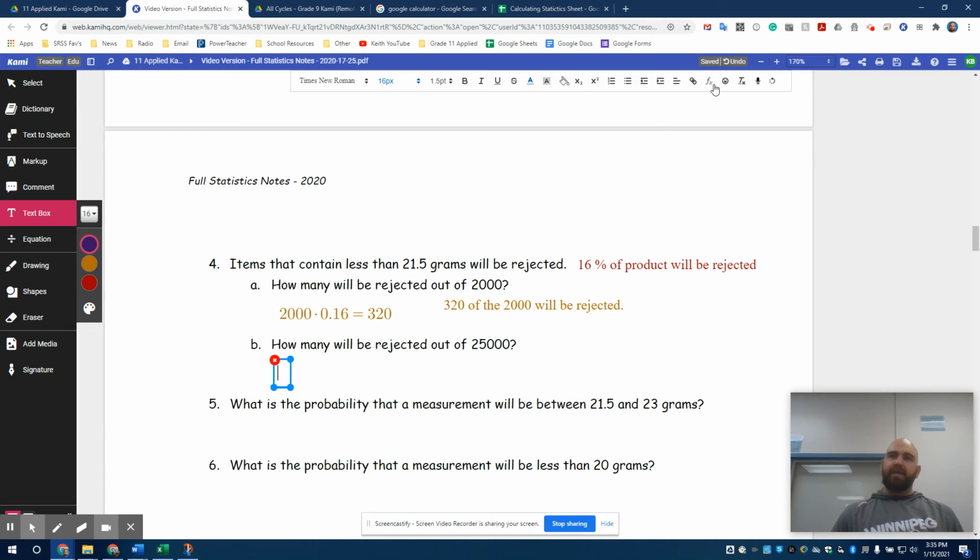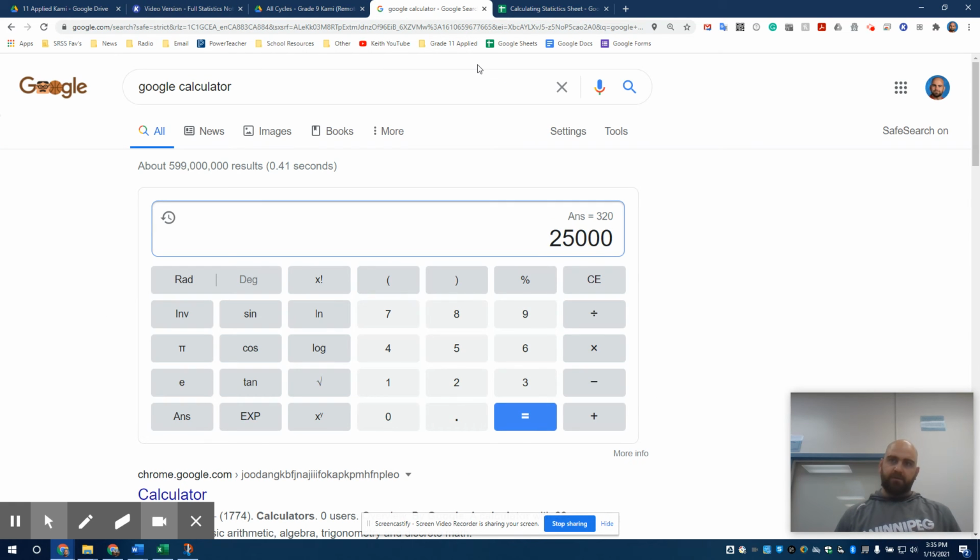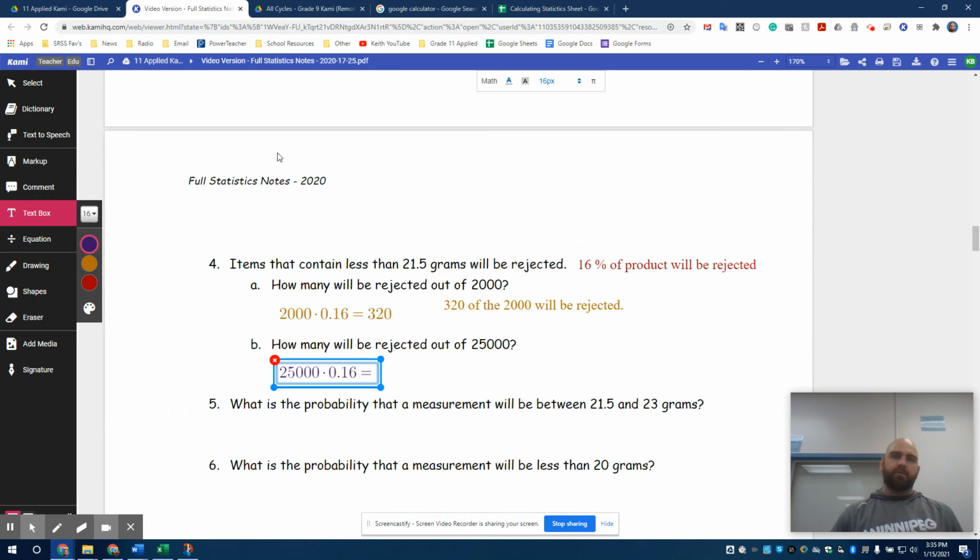Well, we're going to do the same formula here, 25,000 times 0.16, and that will equal 4,000 chocolate bars. So 4,000 chocolate bars will be rejected.